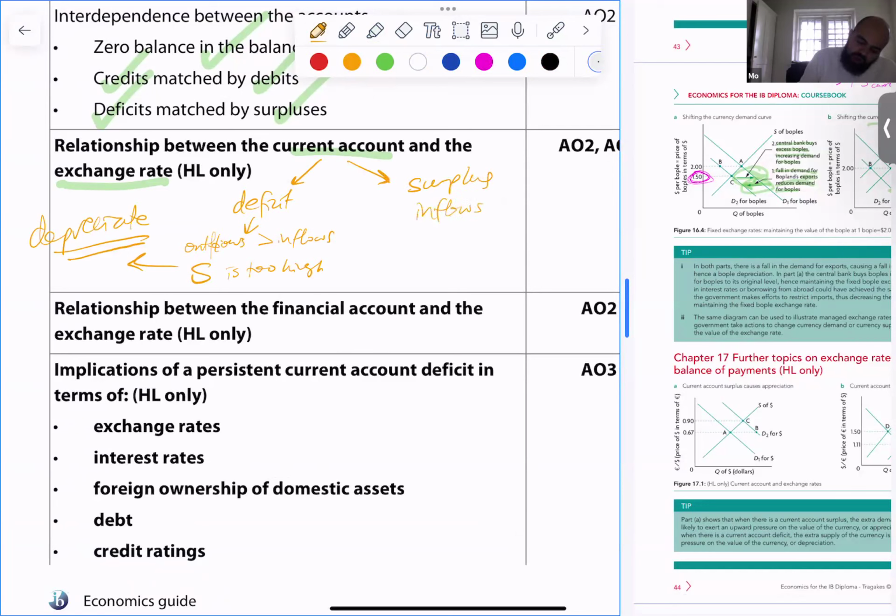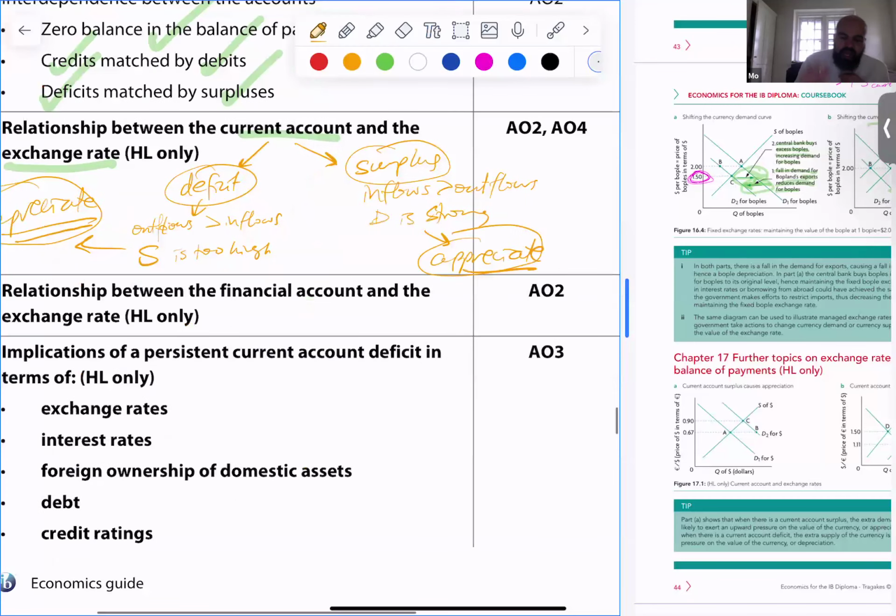Inflows are stronger than outflows, which means demand for your currency is strong, and that will cause your currency to appreciate. Unless, of course, you have a fixed exchange rate to offset this. But the point is, a deficit exerts pressure on the currency to depreciate. A surplus exerts pressure on the currency to appreciate.